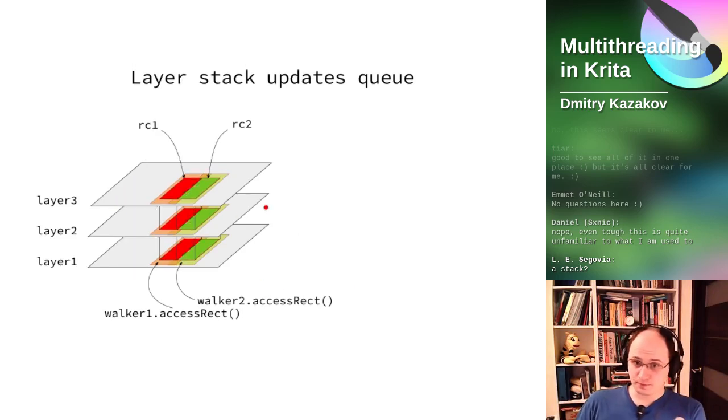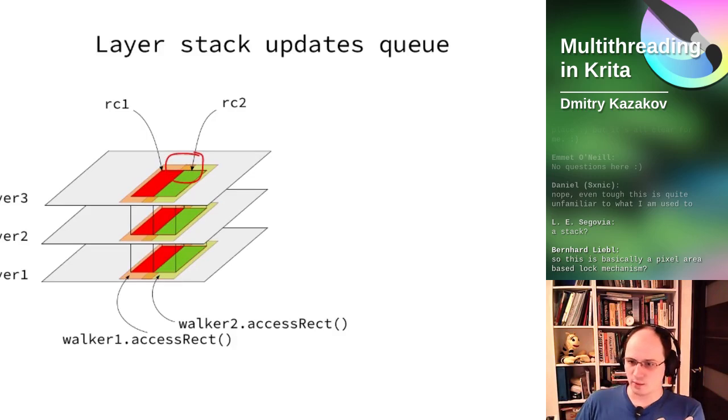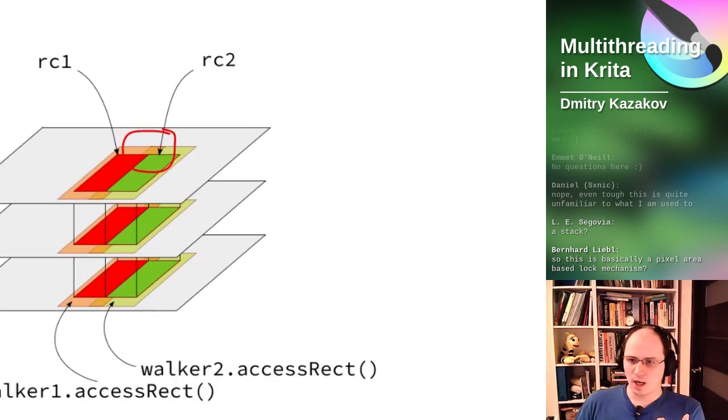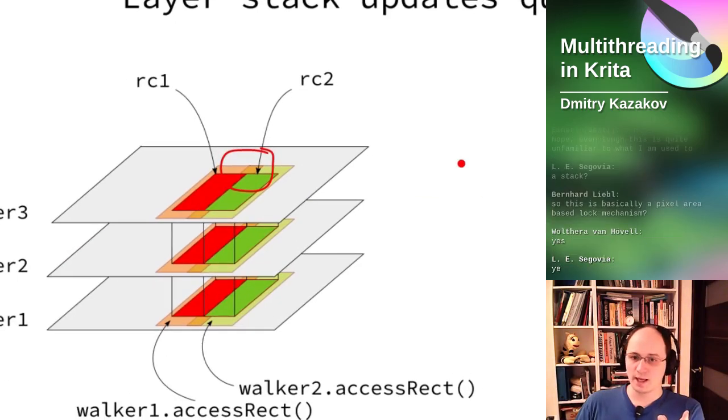And if two updates have overlapping access rects, like here, do you see how I zoom in? So as you can see, the access rects intersect.